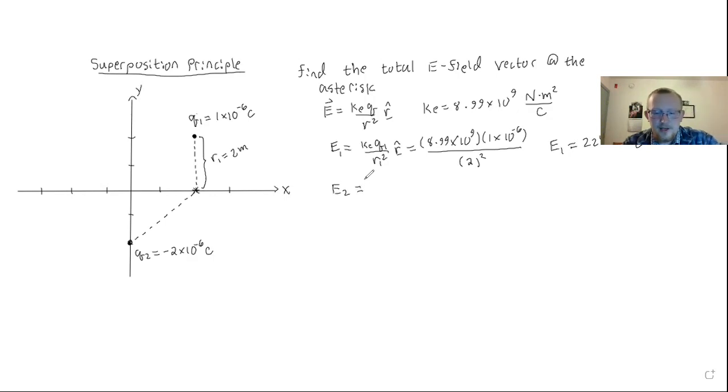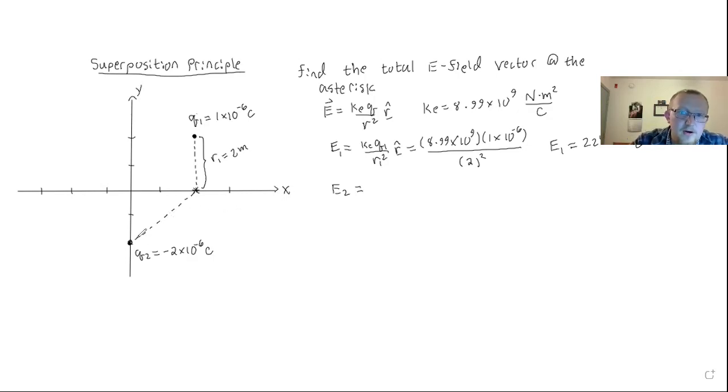I'm just going to plug and chug at this point, now that you've seen the process for the first one. Q2 has an absolute value of charge of 2 times 10 to the minus 6. Of course, it's negative, and we will take that into account later.